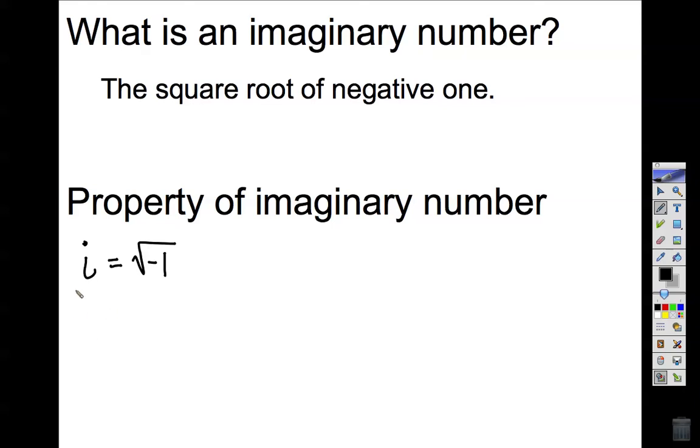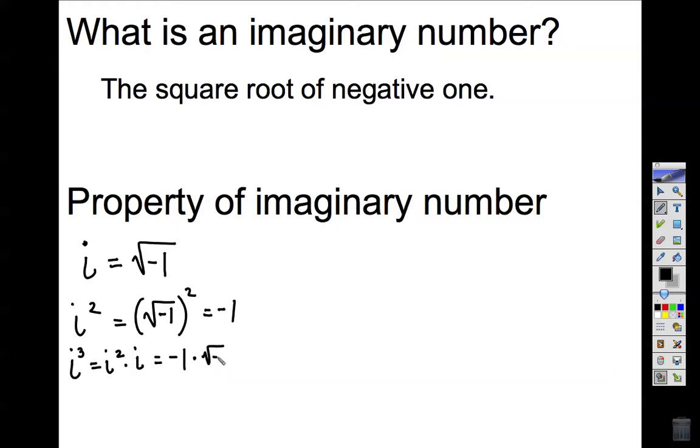If we multiply i with itself to get i squared, this is the square root of -1 squared, which results in -1. i to the third is the same thing as i squared times i, which is -1 times the square root of -1, which is the negative square root of -1. This negative cannot go inside to distribute. It stays like this.